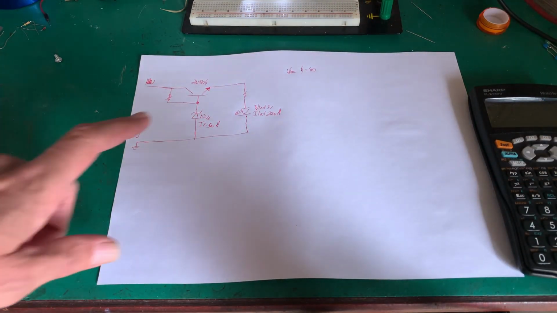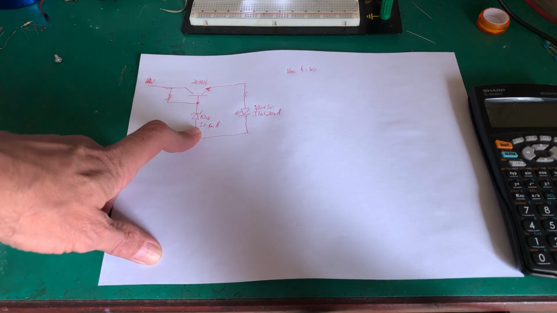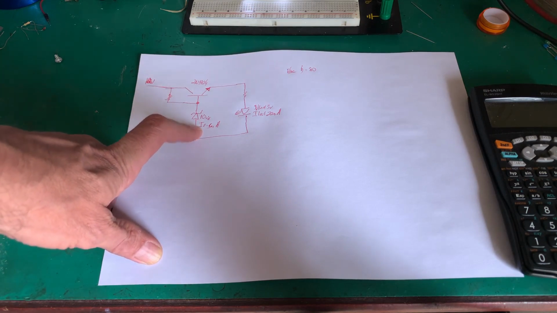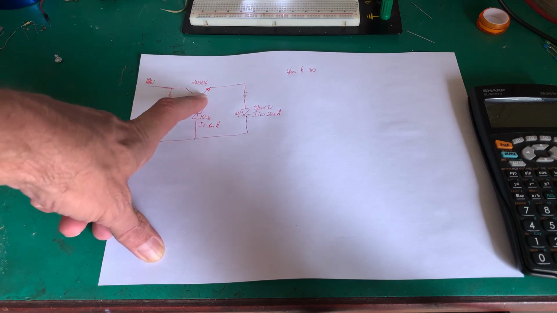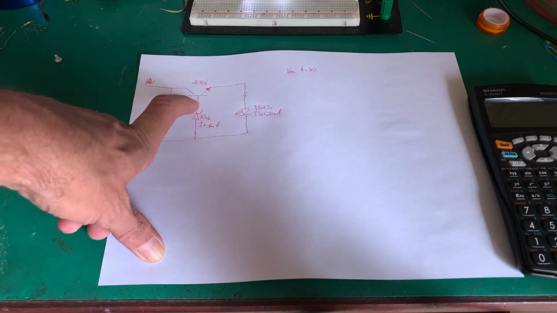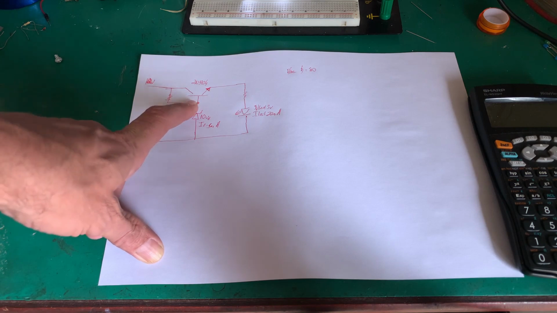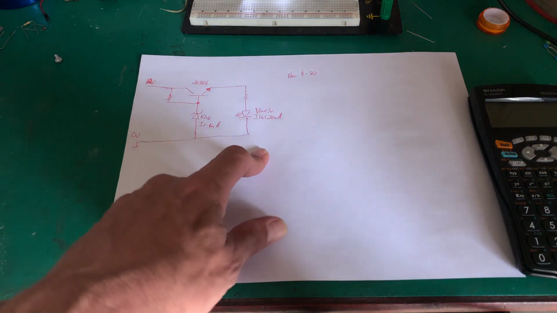We know that we need 5 milliamp through the Zener. We now need to know what current we need on the base of the transistor, and that's pretty simple.